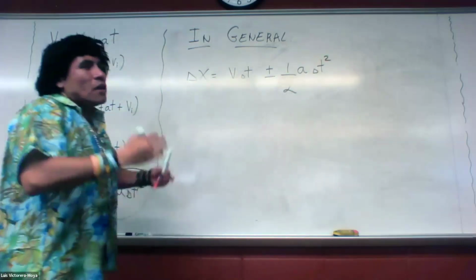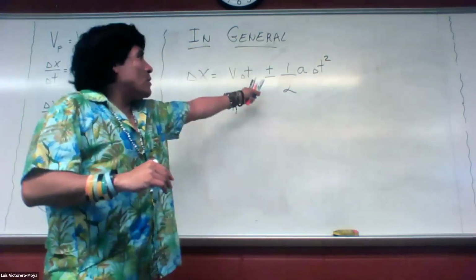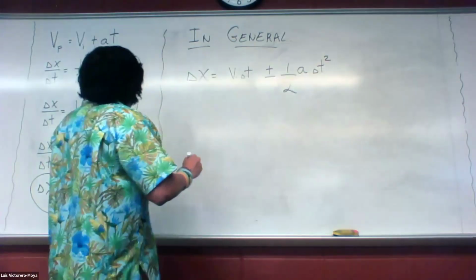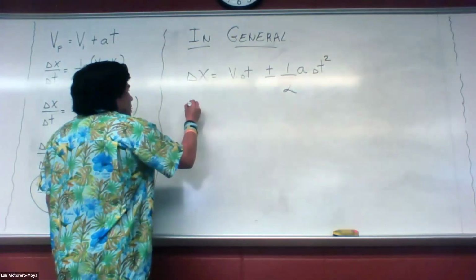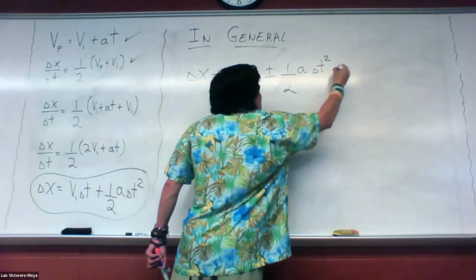Why plus or minus? Because you can be slowing down. If you're slowing down, you have to use negative, right? And then we have this one here. 1, 2, 3.